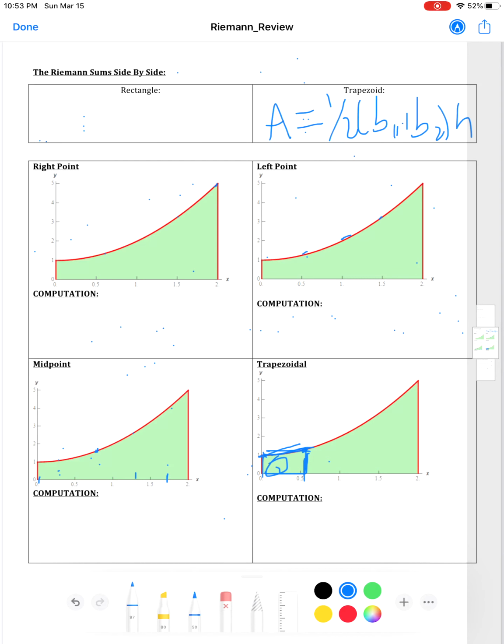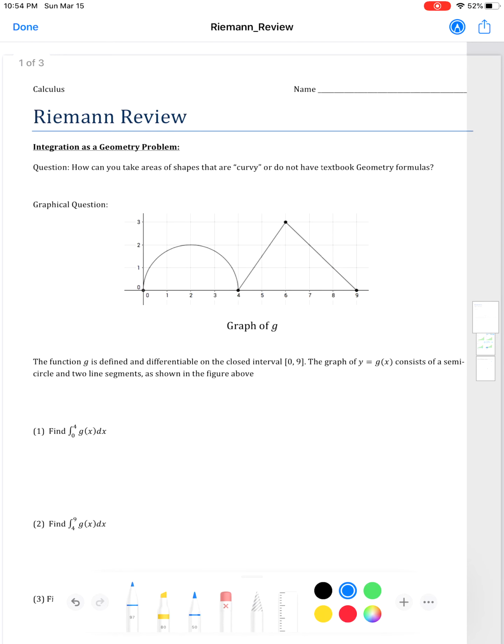So when you're setting up your calculations, I just make a list. For region 1, the width is a half. And then I do 1 plus 1.1.